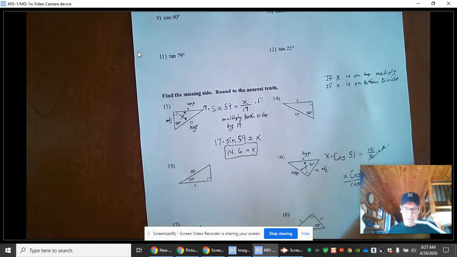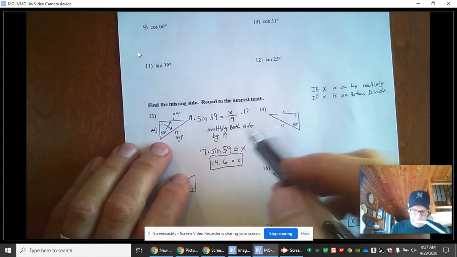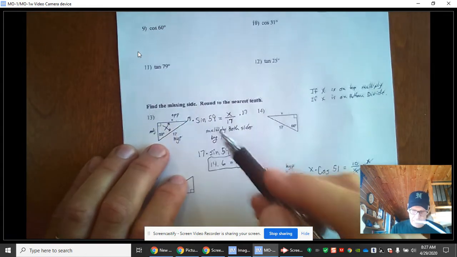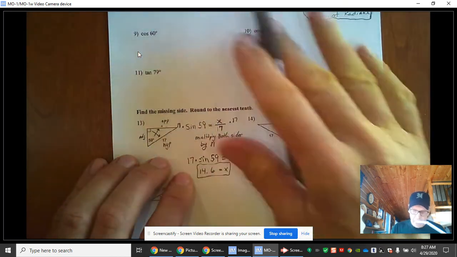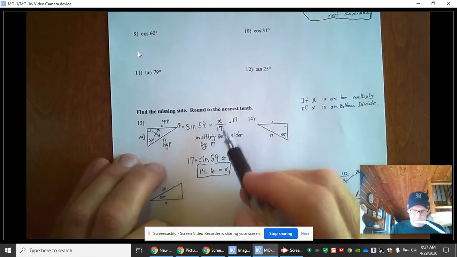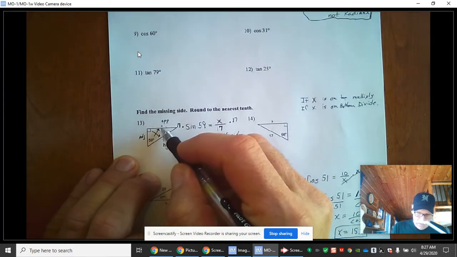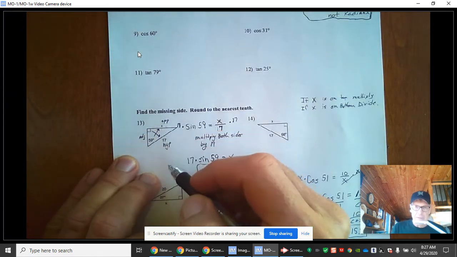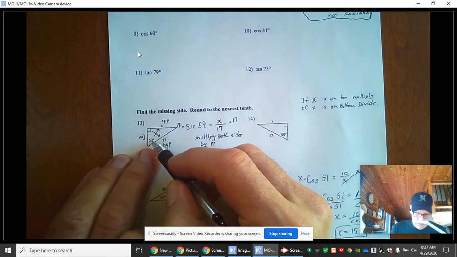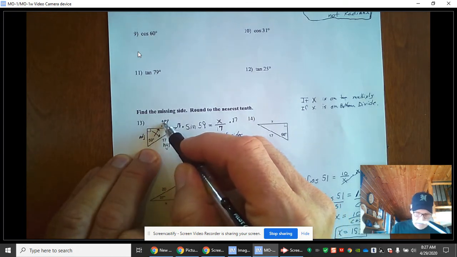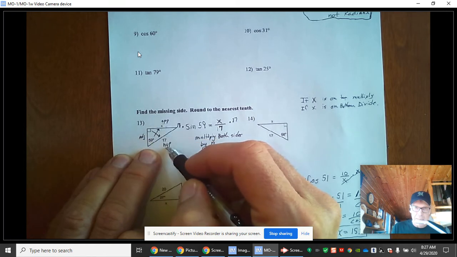The third type of problem is you're going to find a missing side. So again, follow what you've been doing on the other pages. So I label all the sides, and they want the length of this side right here. And they give me a degree right here. So across from it is the opposite. Across from my right angle is the hypotenuse.